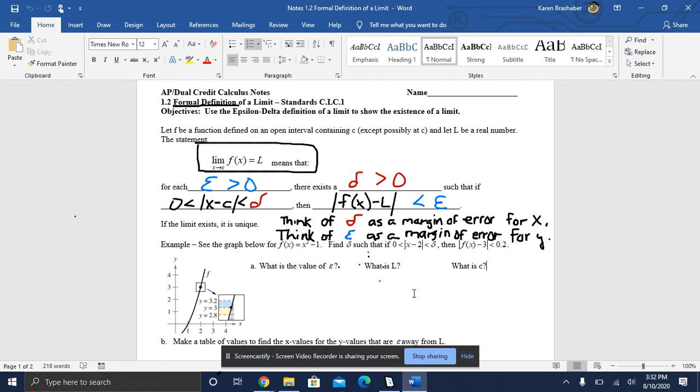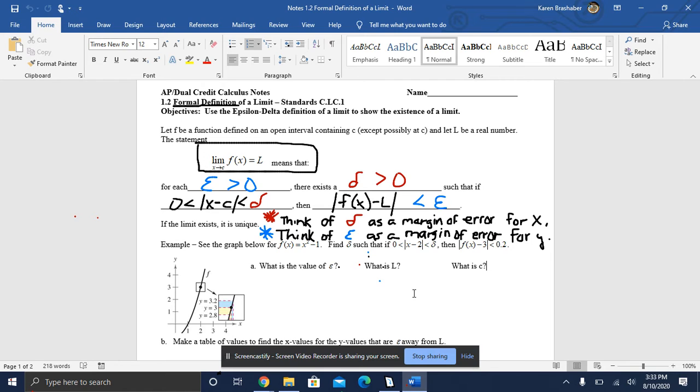And a couple of things that I want you to keep in mind. I want you to think of that delta as a margin of error for your x's. And I want you to think of the epsilon as a margin of error for your y's.